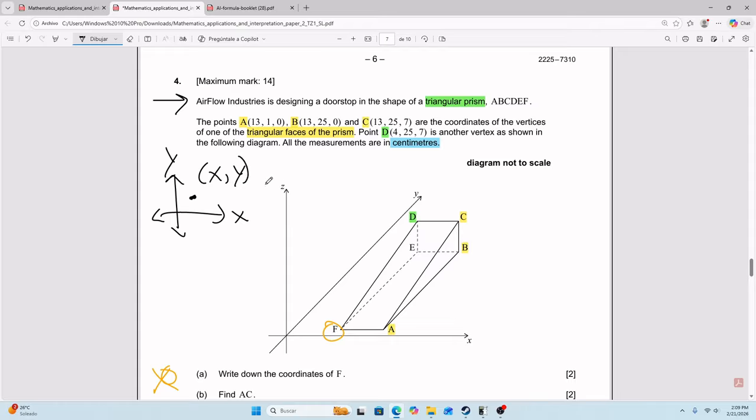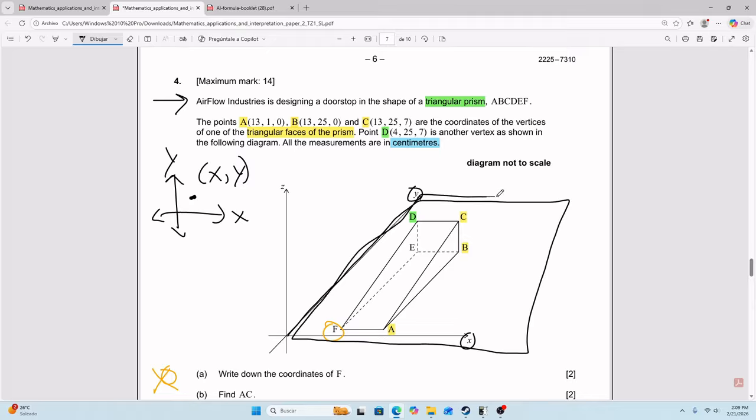And in order to pass on to this 3D diagram, or plane, or whatever, notice how your X and Y are like the face on the ground.